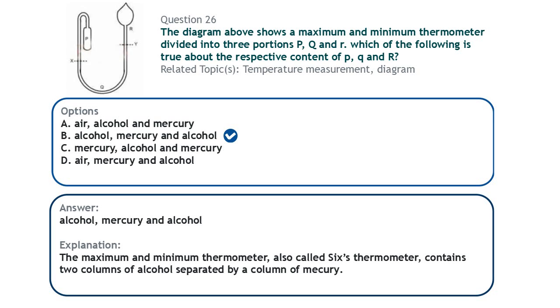So this is the first column of alcohol. This is the second column of alcohol, and both of them are separated by a column of mercury. So the contents of these regions are alcohol, mercury, and alcohol.